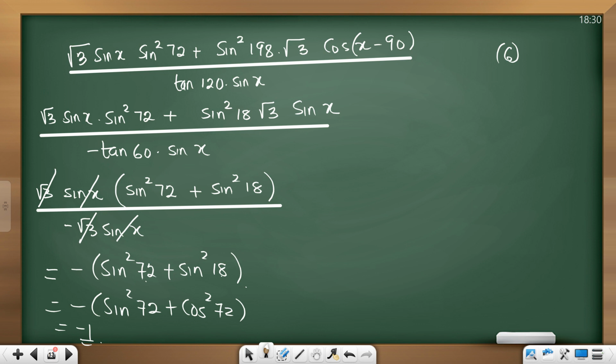Let's confirm, everybody. Type everything in a calculator. Use any value for x. I'll give you 1 minute.